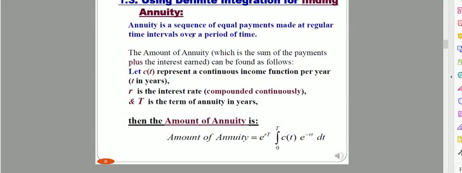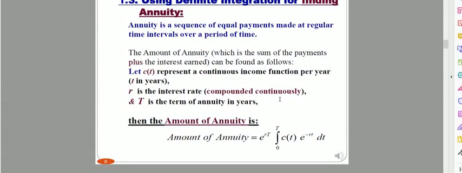Afterwards, he's going to get these payments again, and we are here about to calculate this annuity using that formula, where R is the interest rate.